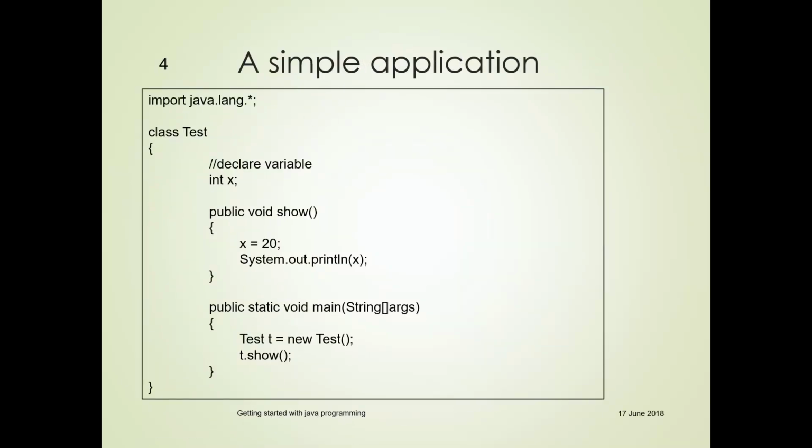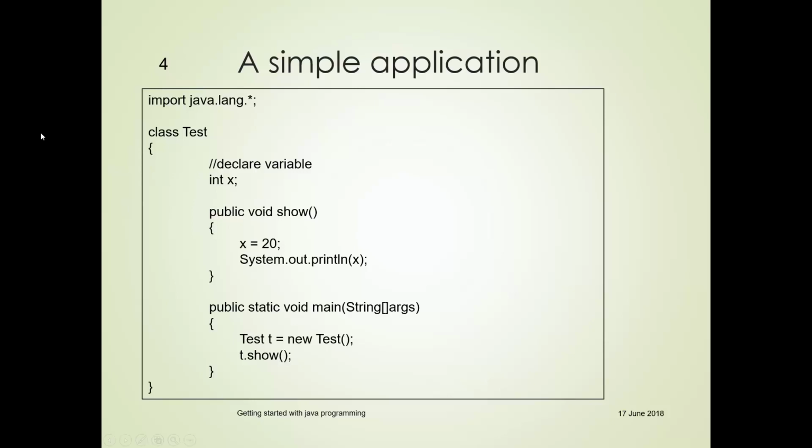Okay, so let's see. Before writing a Java program, let's see a sample Java program. Now on this screen you can see some code is written, right? This is a sample Java program. This program is written to show some value on the screen. Now let's understand what the structure of this program is. In Java, whenever you write any program, you have to start with a class.